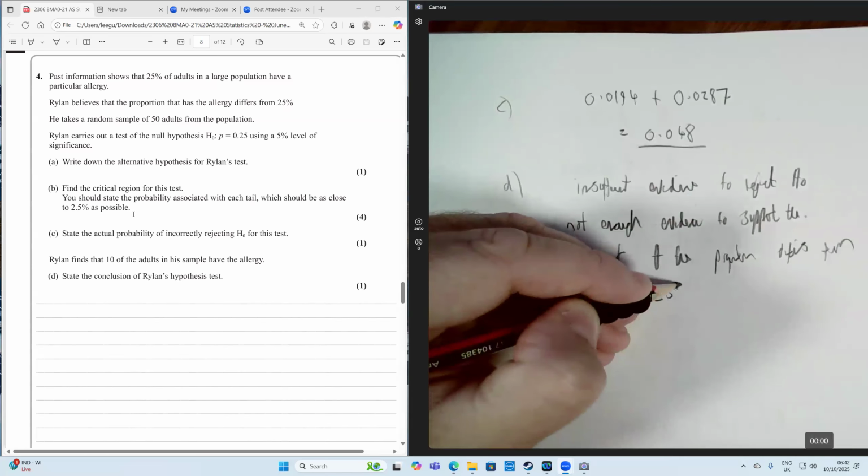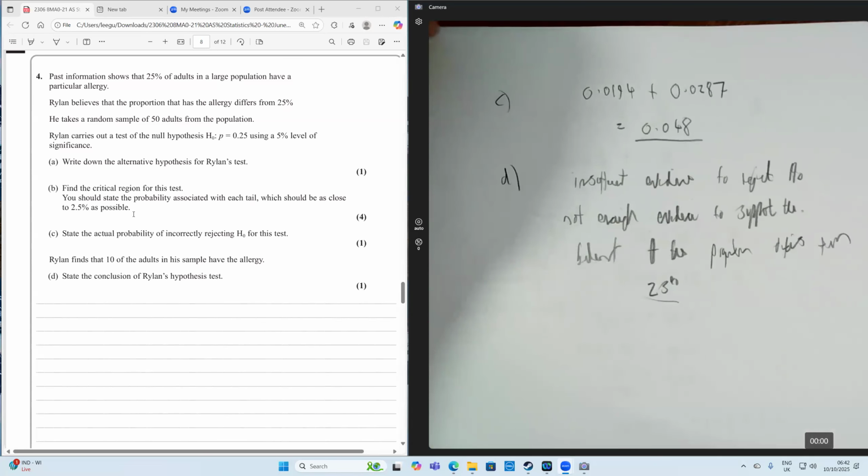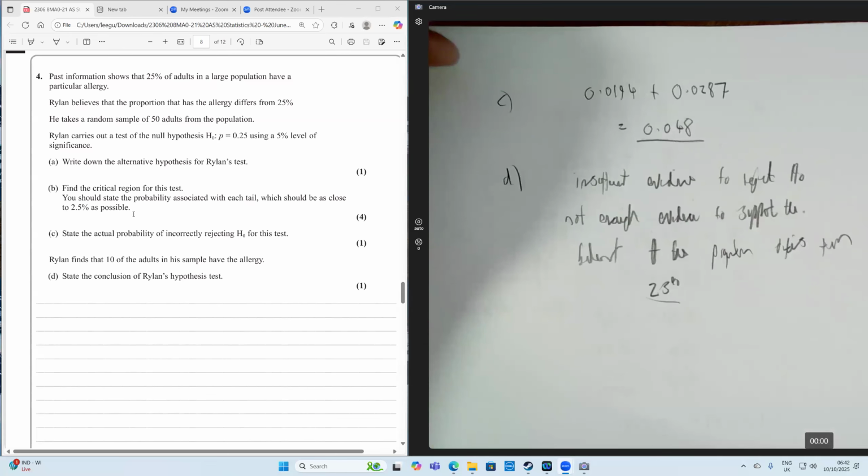Do apologize for my horrendous handwriting there. So insufficient evidence to reject H0, not enough evidence to support that the proportion differs from 25%.